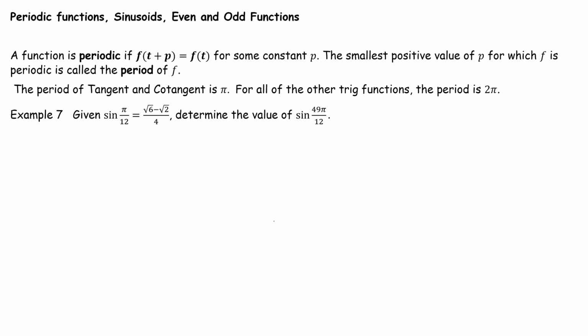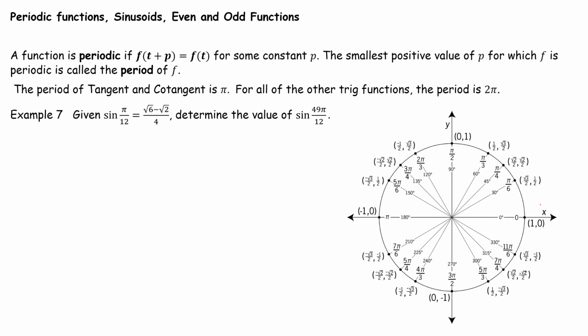So tangent starts over here at 0 degrees. Tangent of 0 degrees is 0 over 1, so tangent 0 is equal to 0. This is not the example, I'm not doing that yet. Then when you get to, say, 45 degrees, tangent 45 is 1.